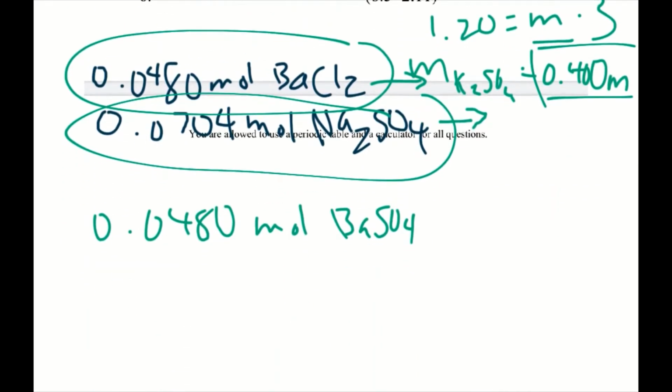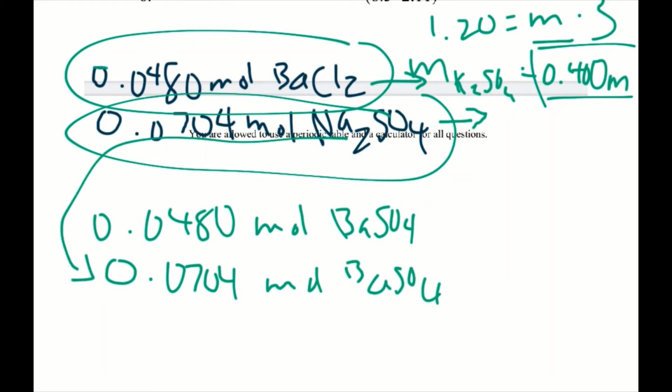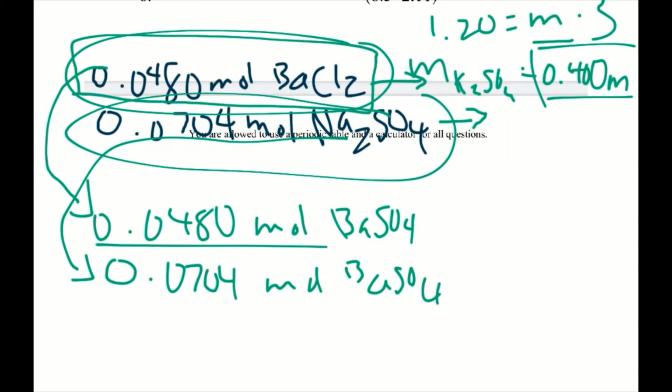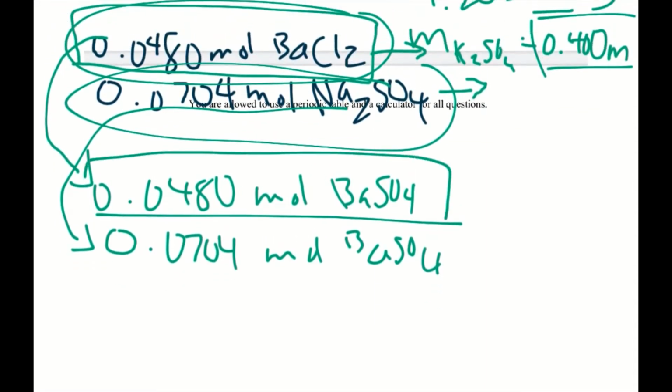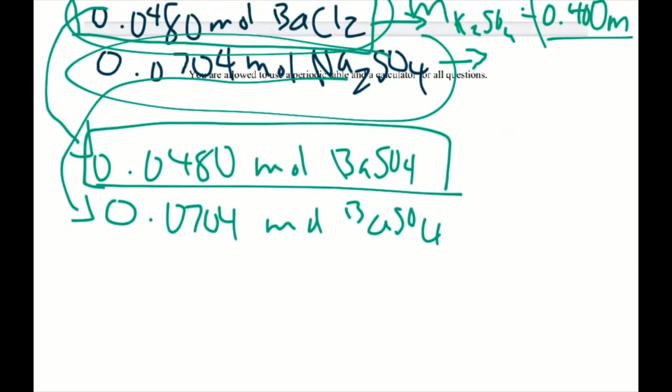So that means that we can produce 0.0704 moles of barium sulfate from the sodium sulfate. Now, which one's our limiting reactant? Well, it's going to be barium chloride because it produces less of the product. So because of this, this will actually be the amount of product that we are expected to get. And yeah, so we are expected to get 0.0480 moles of barium sulfate. And let's do the math.